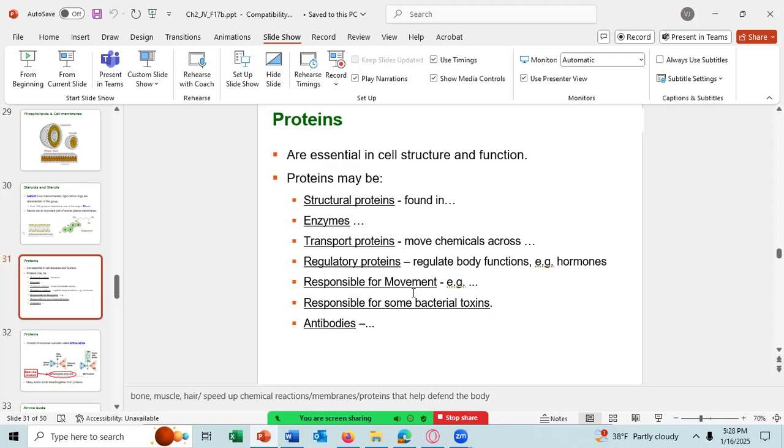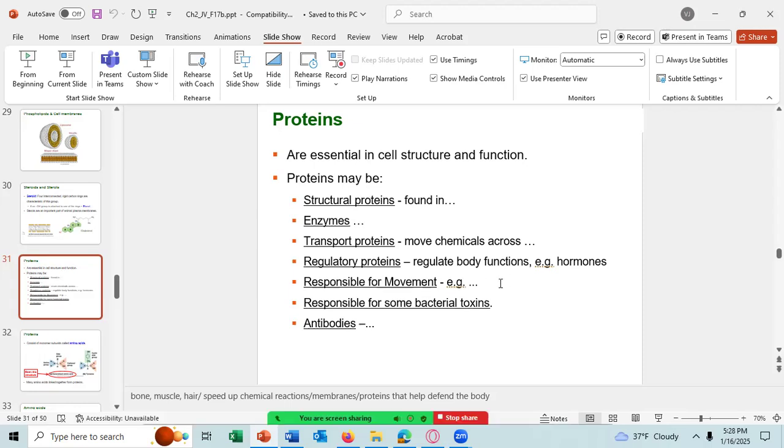And then when we walk, or when a fish swims, or a cell swims, it's because of the movement of the protein. Proteins can also be responsible for some bacterial toxins. So if you eat something and then get food poisoning because of a toxin in the food caused by some microbe, that could be because of a bacterial toxin.